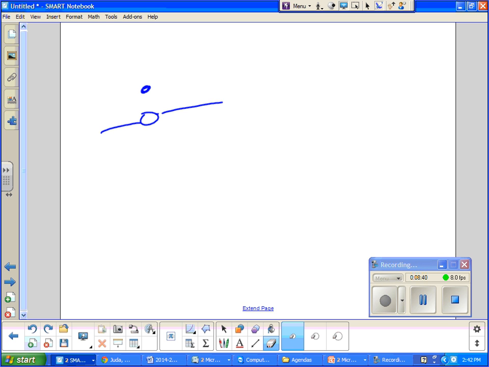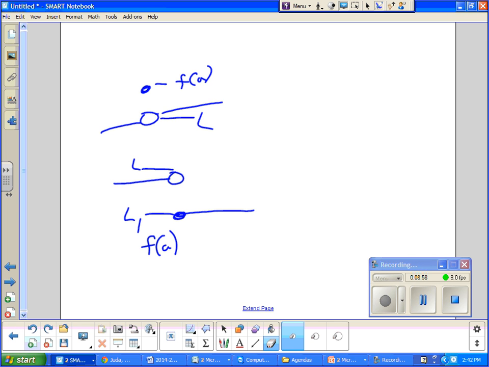So to bring that back, for a removable, there's a limit, but f of a is not the same, right? For a jump, there is no limit. The left hand will have a limit L. The right hand will have a limit L1, where f of a is equal to one of the two hands, but not both. And finally, on an infinite discontinuity, it could be neither.